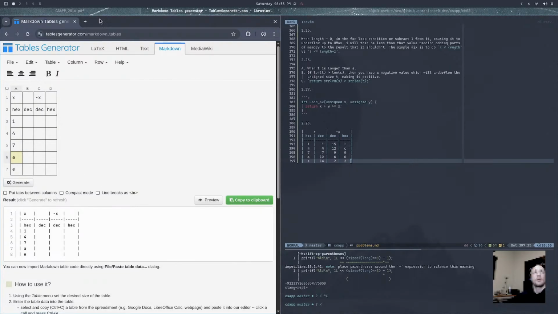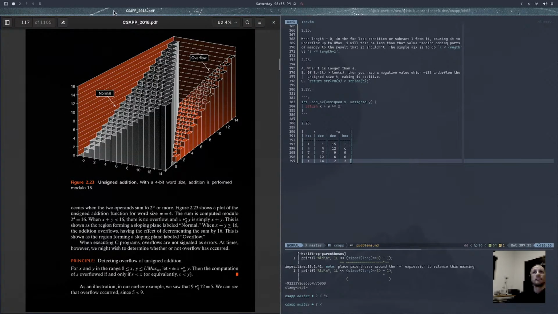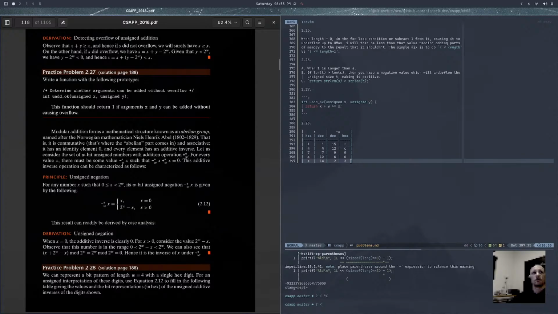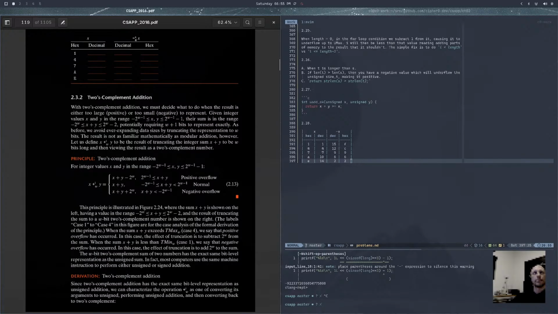Now we're in 2's complement addition. So that would be over here. With 2's complement addition, we must decide what to do when the result is either too large, positive, or too small, negative, to represent given integer values x and y in the range so and so.